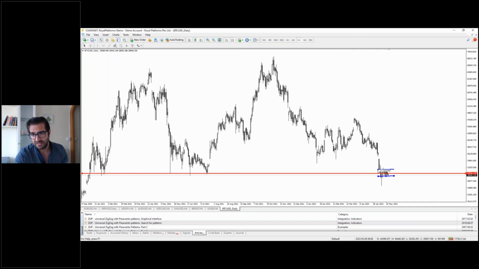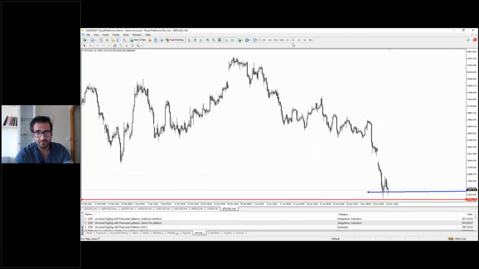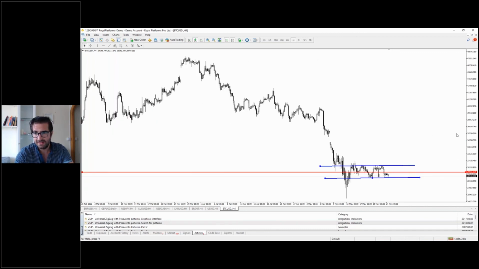This kind of consolidation on the lower time frame, you will see it clearly. The market is near this area, which is 29,500, and it is moving inside a kind of range. If I go on the lower time frame, we can see clearly how this is formed.